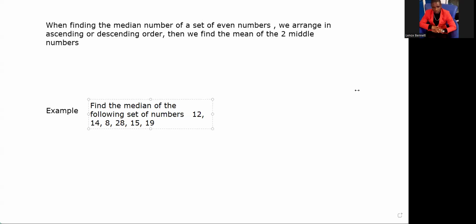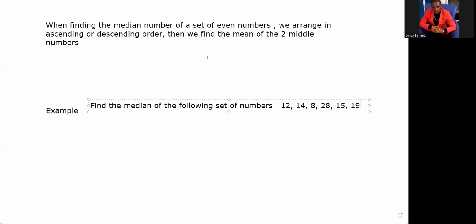Right, write it first, guys, and then we can proceed.